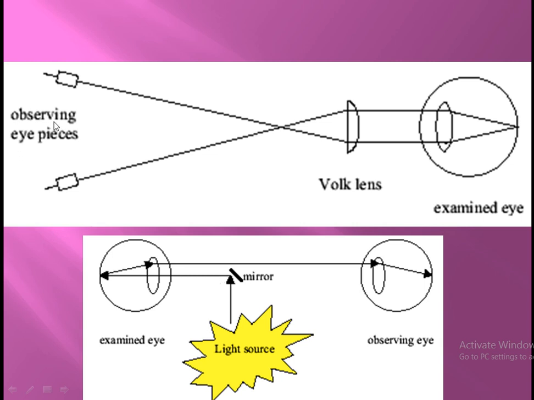But here, as there is some distance between the eye, then the lens, and then this one, the image is crossed here. While using this lens, there is a crossing before the image falls on the examiner's eye.